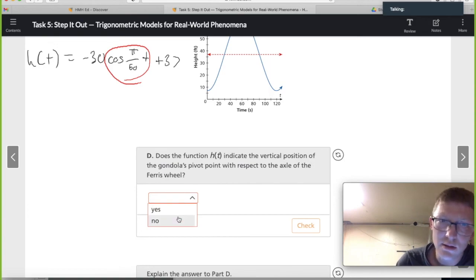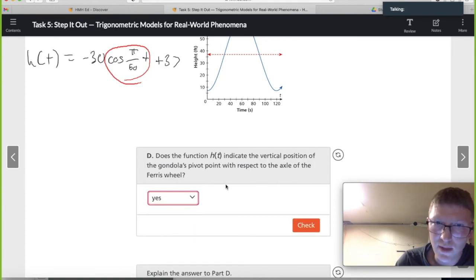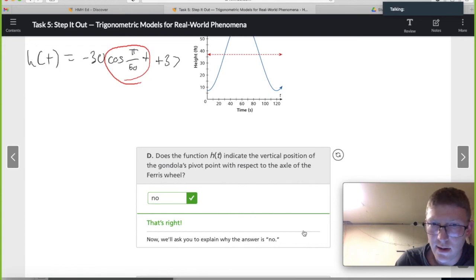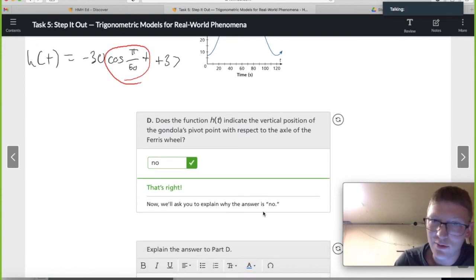Well, yeah, because you would know the vertical position of the gondola's pivot point with respect to the axle. Oh, wait. I would say no, it doesn't. Now I'll ask you to explain why the answer is no.